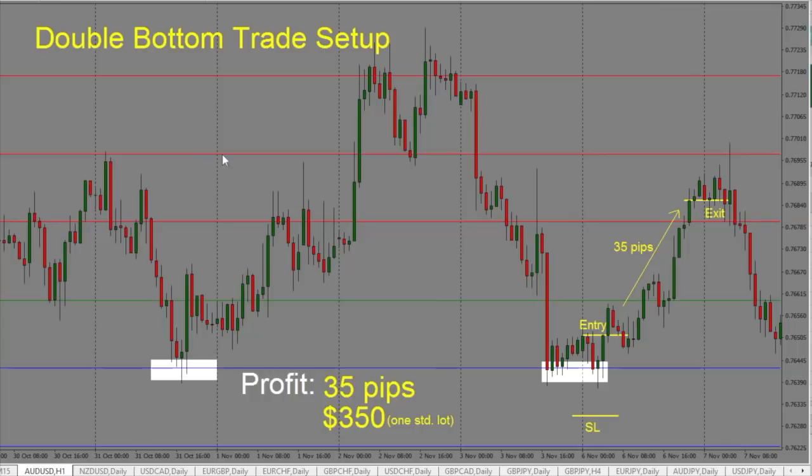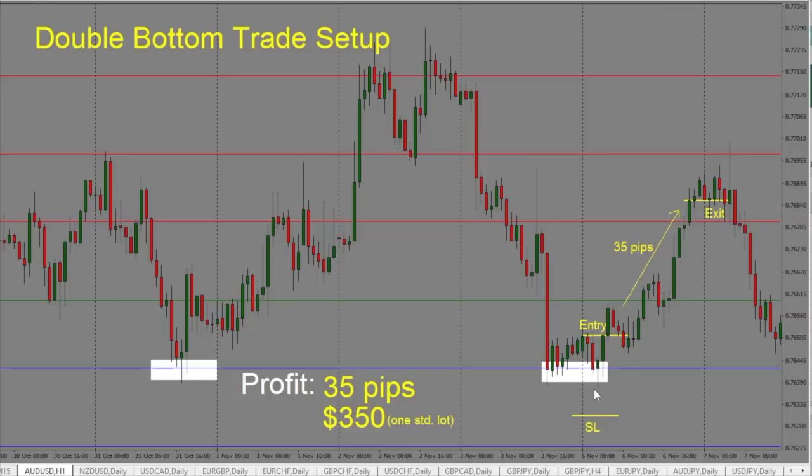So just to recap, a double bottom trade setup is where price comes and reacts at a level that it has reacted at previously. In this case, price came into this support or resistance level and bounced off of that. A few days later, it comes into the same level once again. And as we can see here, price is struggling to break below this level. Once we get some good bullish candles here, we can enter our trade long.